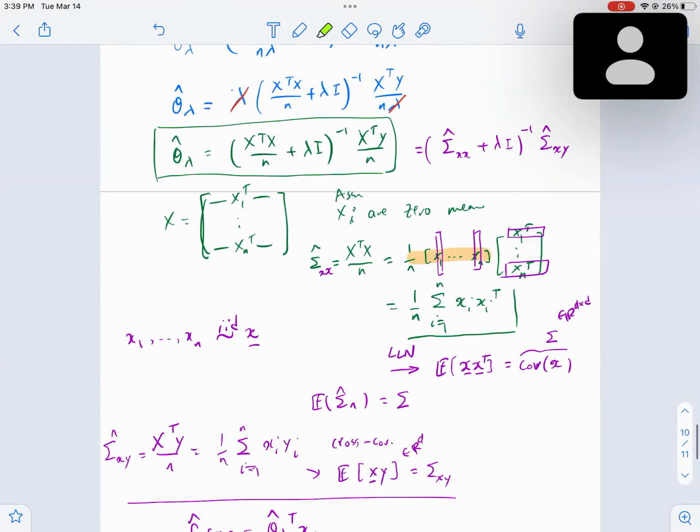I also mentioned that the way I wrote this, these have meanings if you think of xi's as being 0 mean, coming from a distribution. This is going to be the sample covariance matrix, and you'll show in your homework problems that it's an unbiased estimator of the covariance matrix. And this is going to be a sample cross covariance matrix. So you can write it in terms of these matrices. This is going to be a vector. This is going to be a matrix.